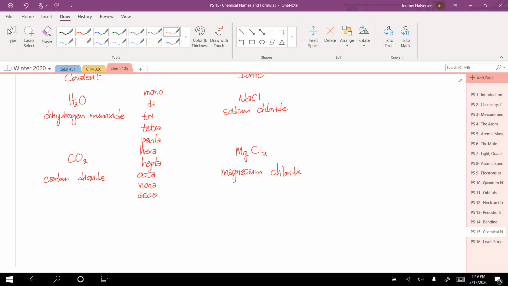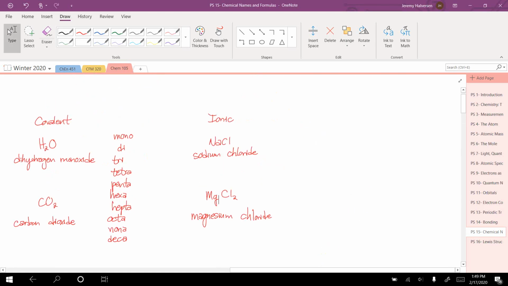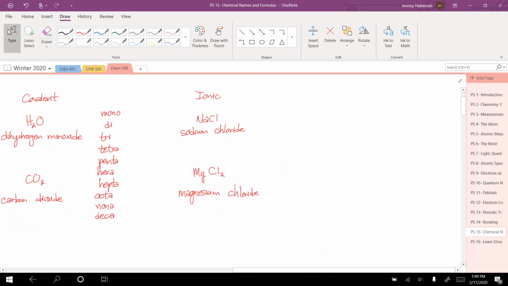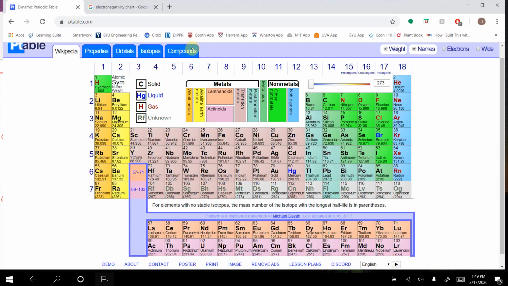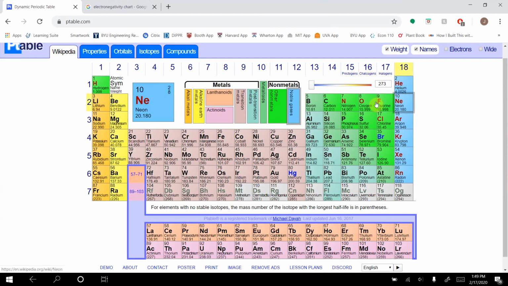All right, so here's one variation, I guess, one additional rule to know. If I were to say iron oxide, be Fe with an O, and I'd say, all right, oxygen forms a 2-.